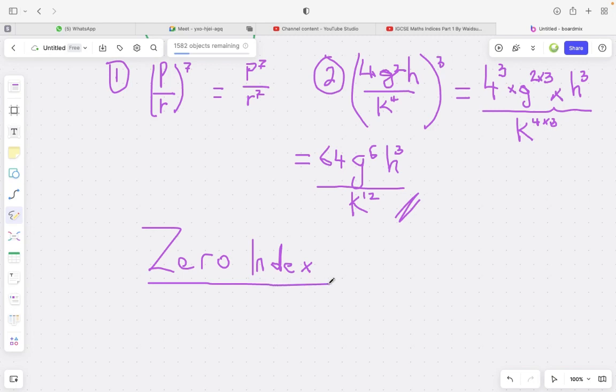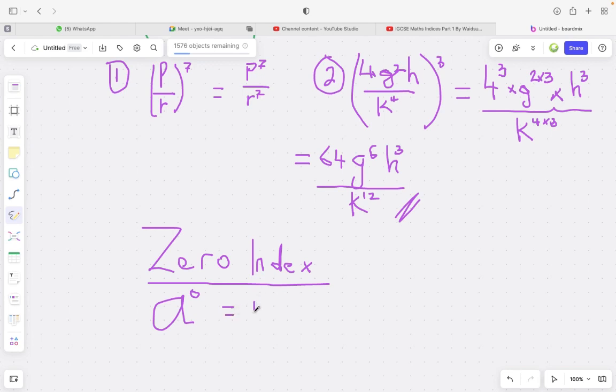For zero index, what do we have? Here, the zero index indicates that a number is raised to the power of 0, right? For example, if we say a to the power of 0, this is simply a zero index, which gives 1.